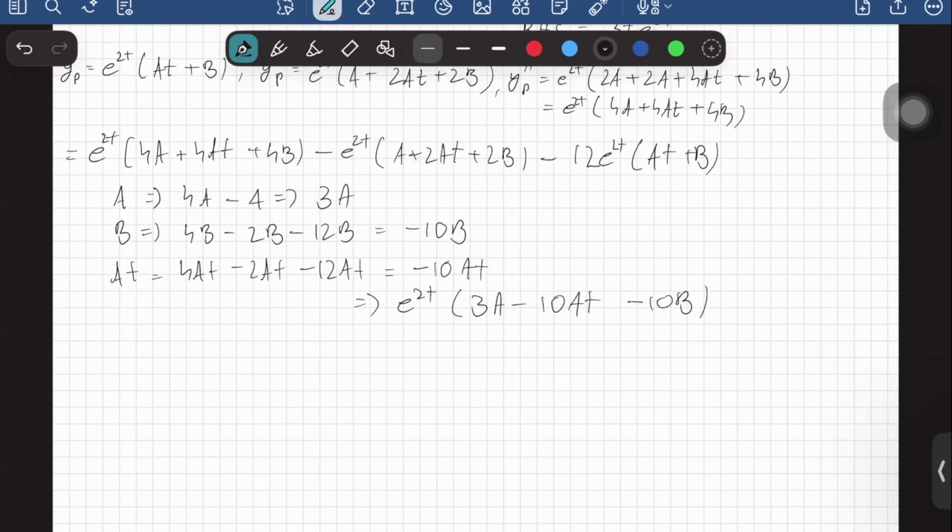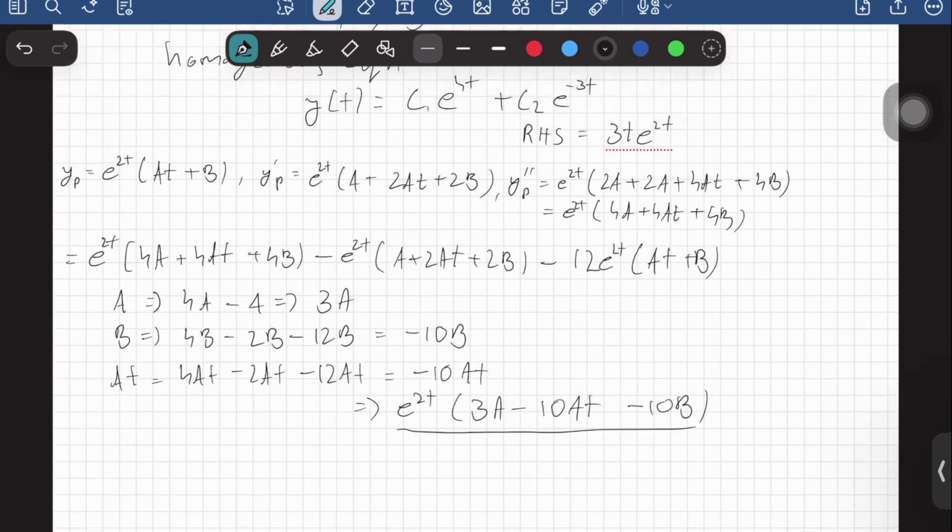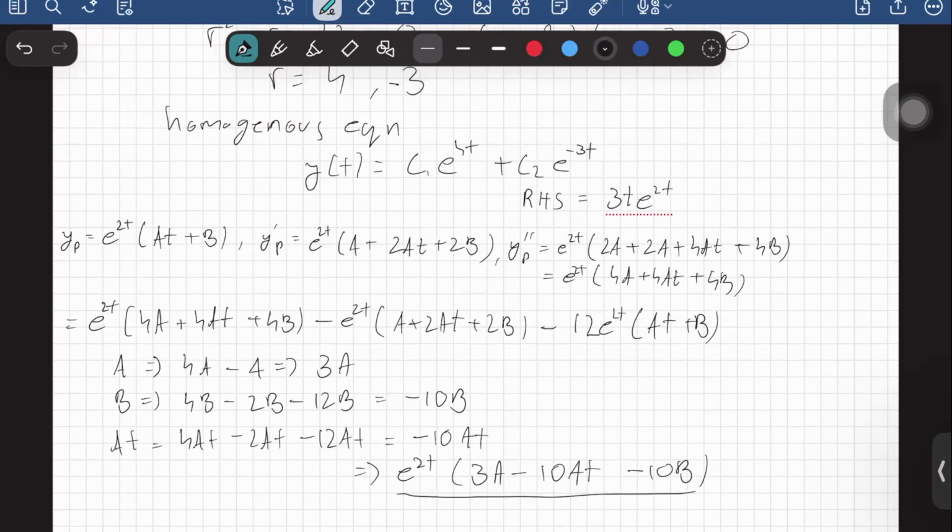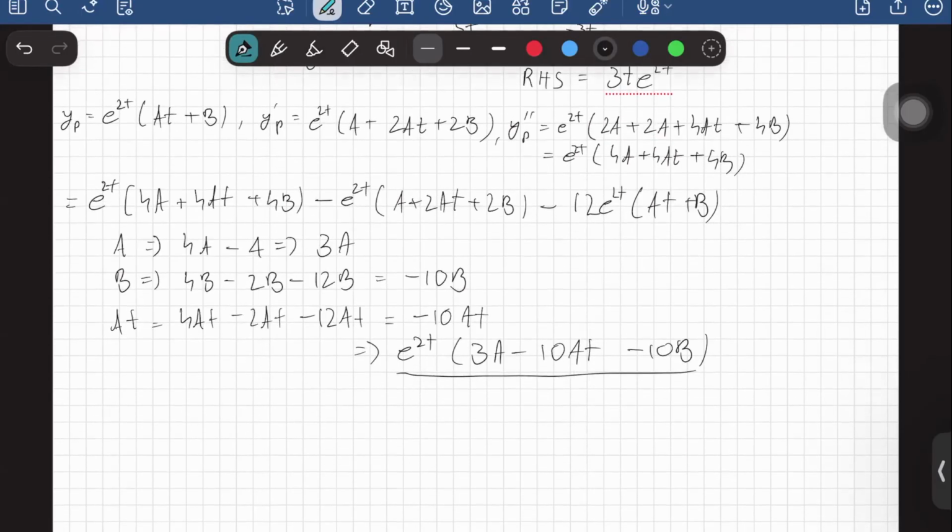Okay, so now we are going to compare this equation over here with our RHS, that was 3t e to the power 2t, right? So we just want e to the power of 2t with the coefficient 3t.